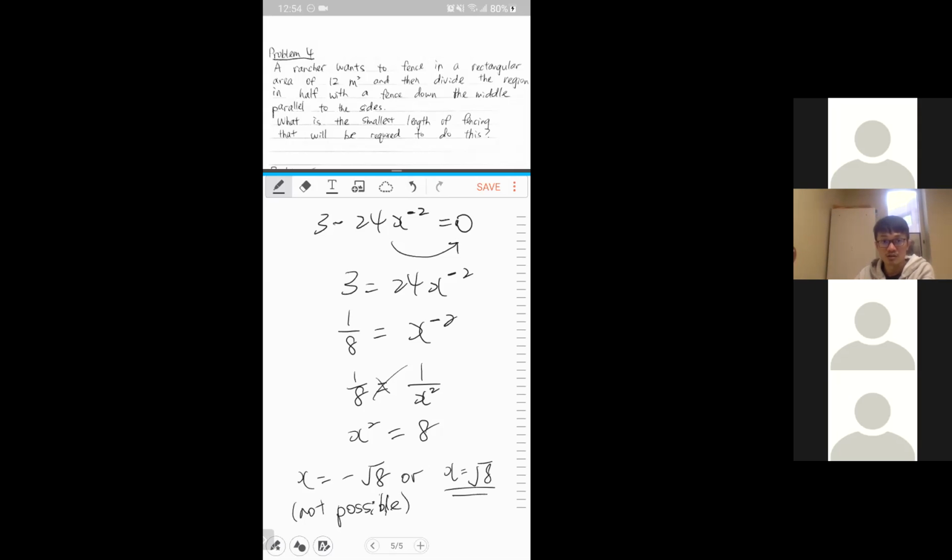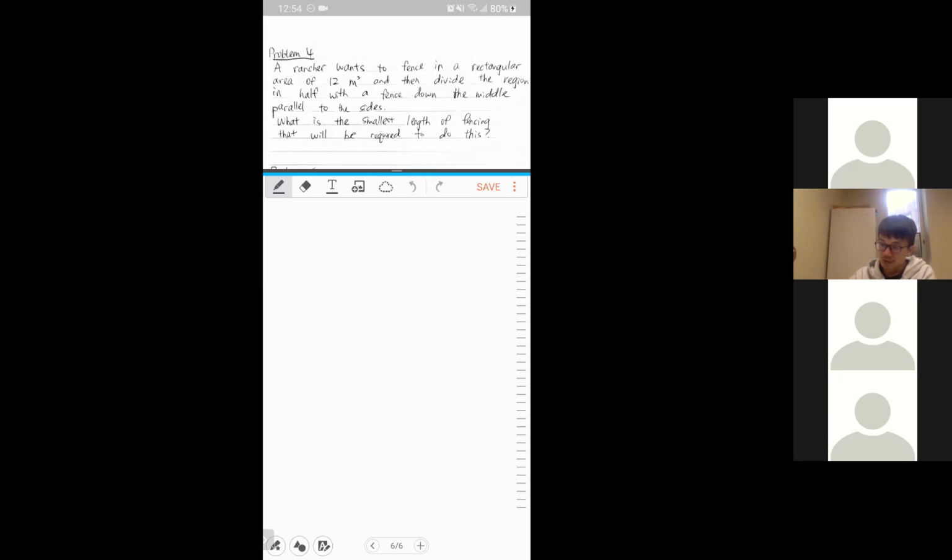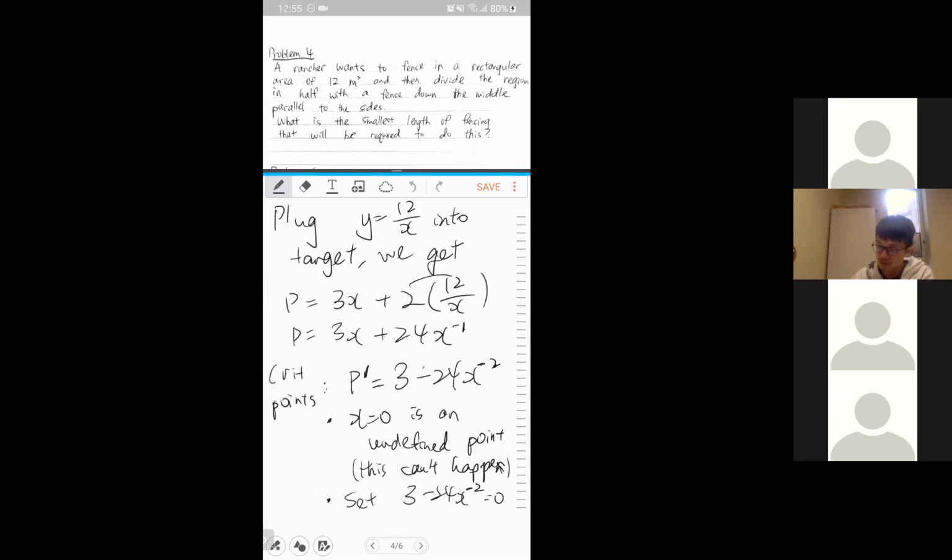And how do I check that it's a local max? How do I check it's a local min? You draw a table, you can do the first derivative test. Okay, so I'm looking at p prime and p, and then the domain is from, I guess, 0 to 12, right?